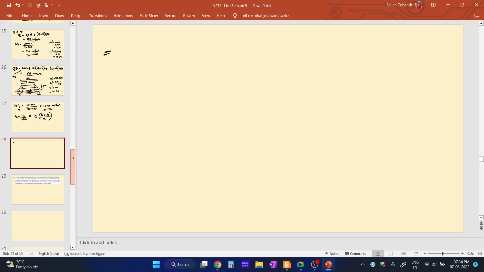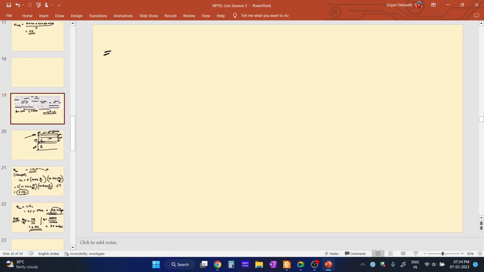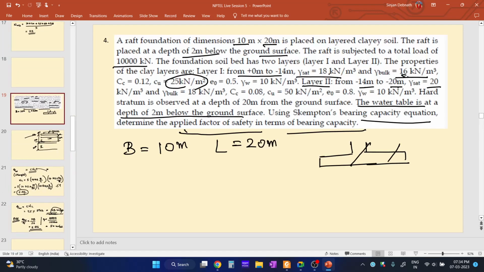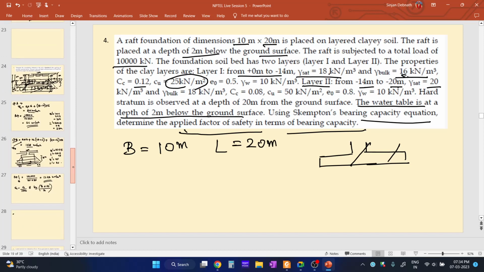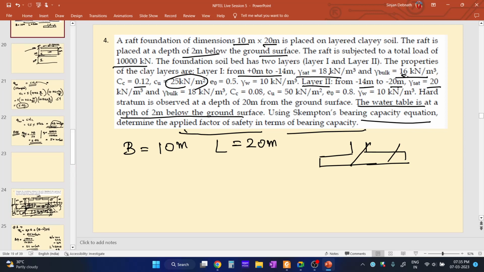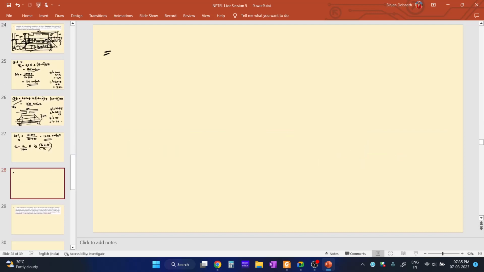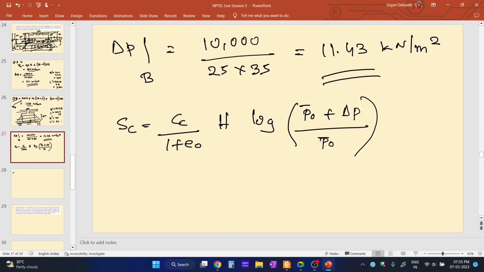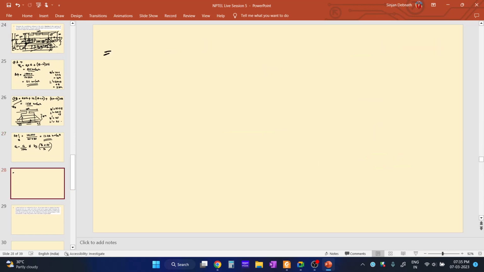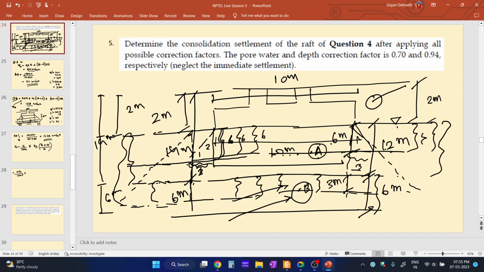What is the compression index for the first layer? Compression index for the first layer is 0.12. And what is the initial void ratio? It is 0.5. So Cc divided by 1 plus e0, where Cc is 0.12 and e0 is 0.5, into the thickness of the first layer from the base of the footing.